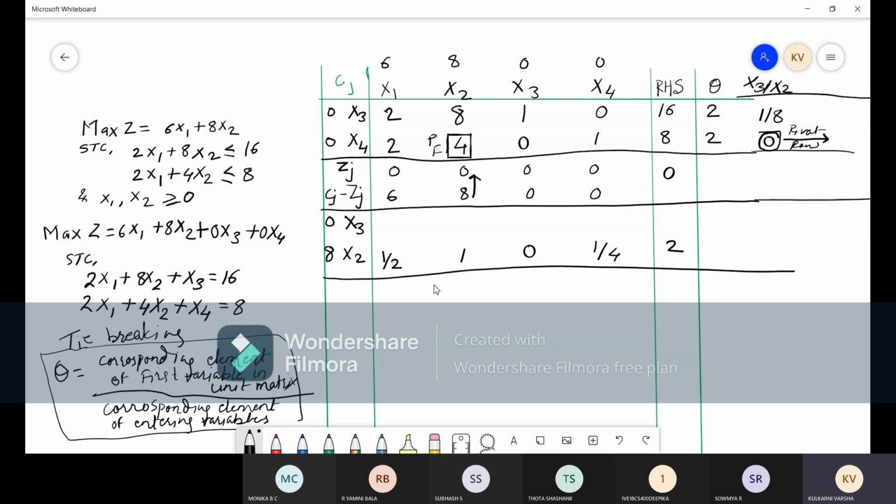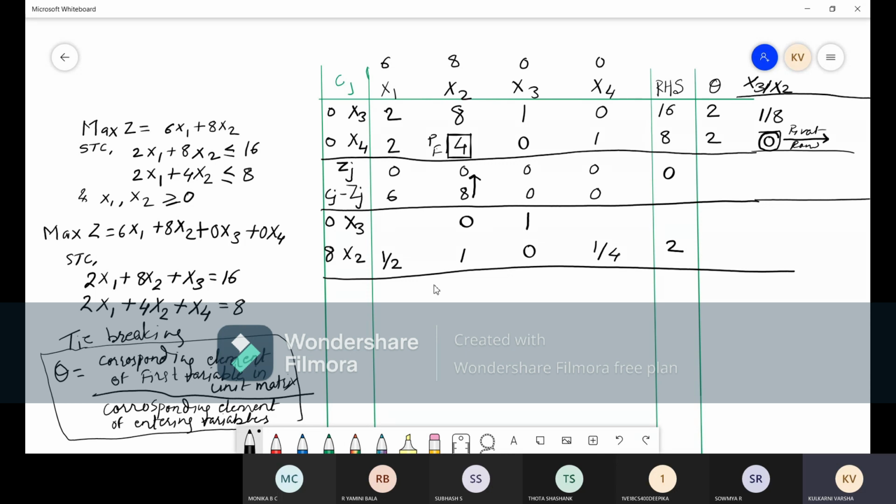Now we'll go for this. How do we need to do it for the x3? We have to take the old x3 values and the newly entered x2 values, right? For our identity matrix, under x3, x3 we should have 1, and under x2, x3 we should have 0, right?